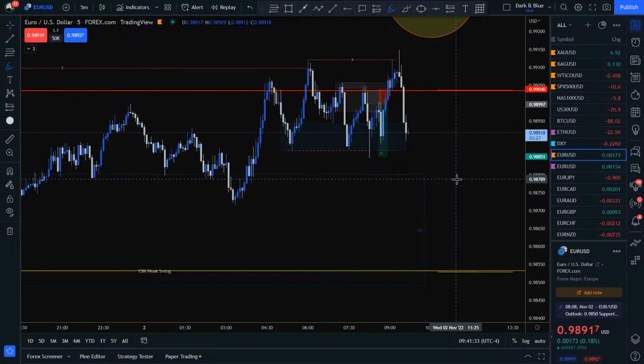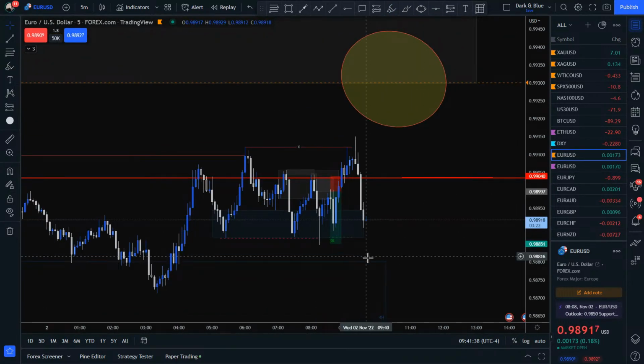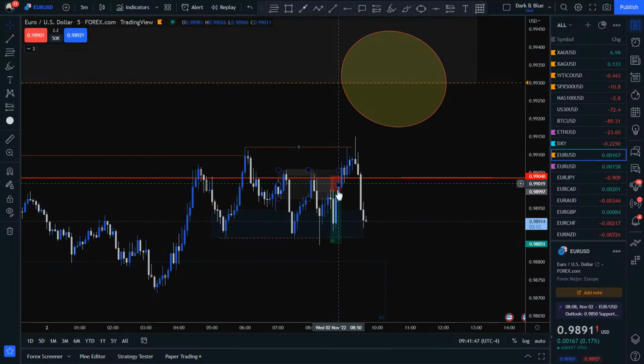But first, there you go. I want to make sure everybody understands that I look for some kind of confirmation. With this one, when this low was broken by this candle, all it did was give me a change of character, and in this scenario, it was a little too aggressive to use.